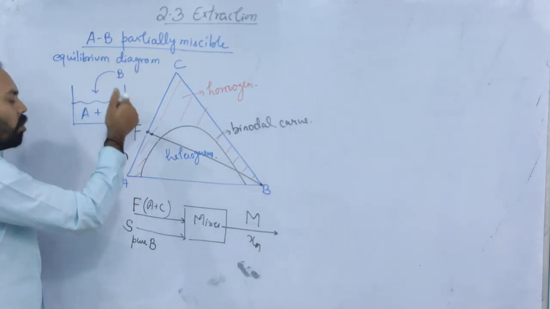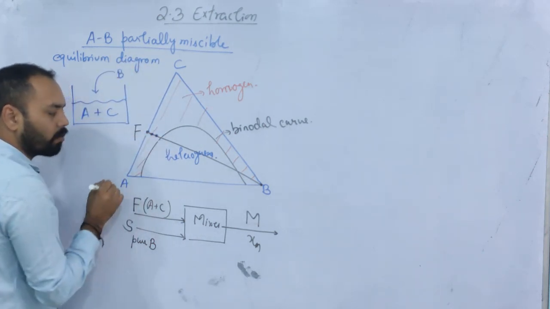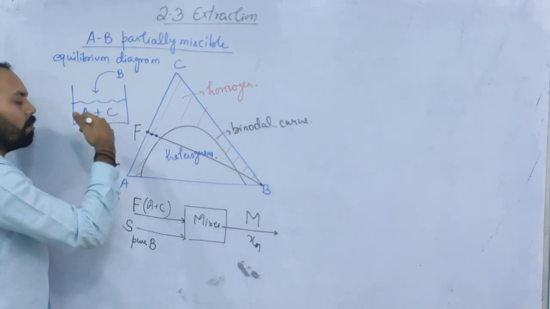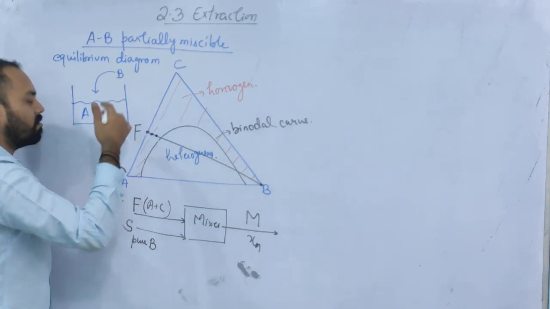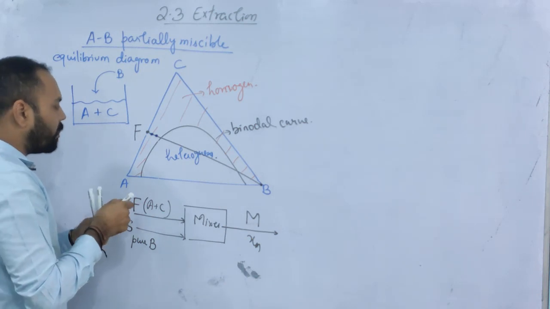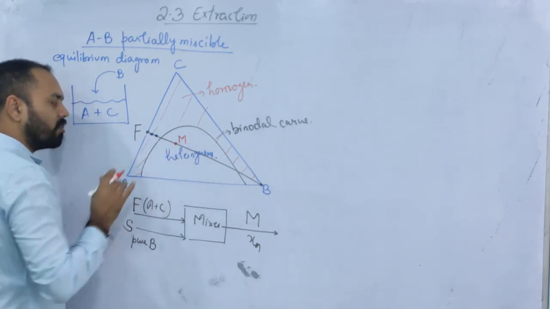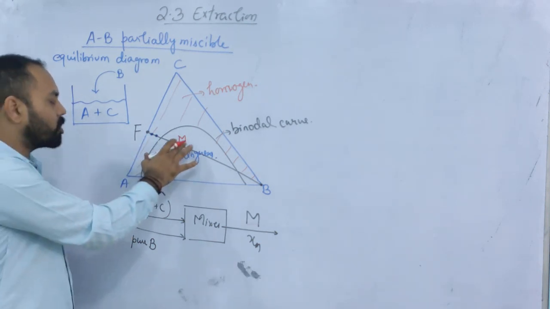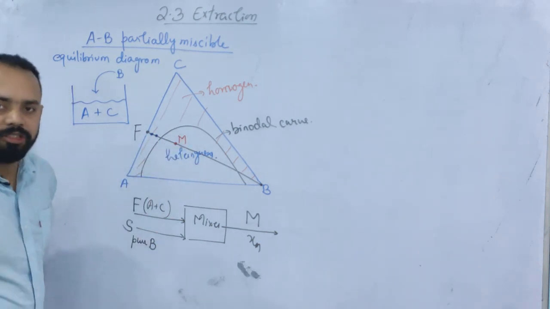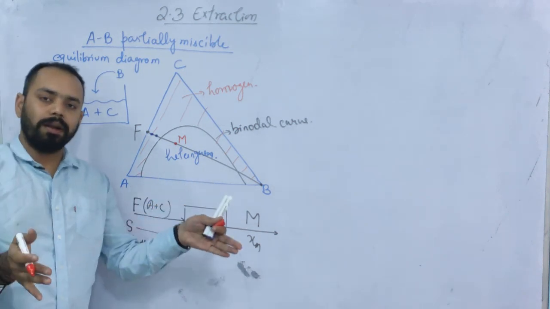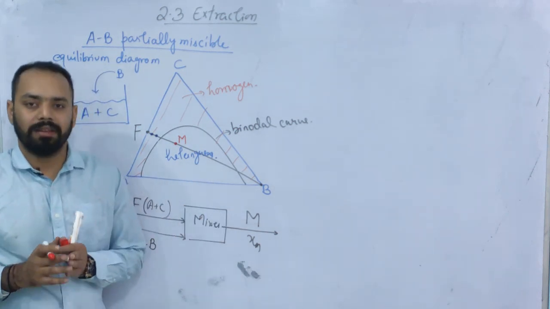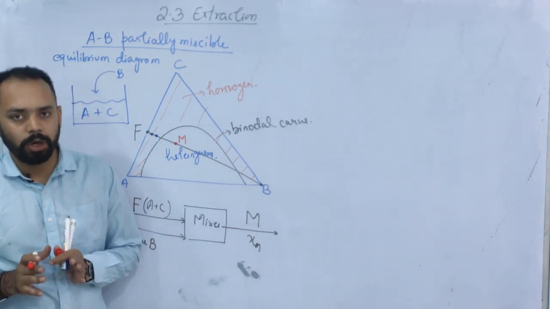You add some more amount of B, you will shift here. And slowly as you add more and more amount of B, suppose you added such amount of B that the final composition, the point M, reaches here. Now what do you think? Extraction will occur or not? If you leave this mixture, after some time you will find that there are two phases separated and definitely extraction has occurred. Getting my point?